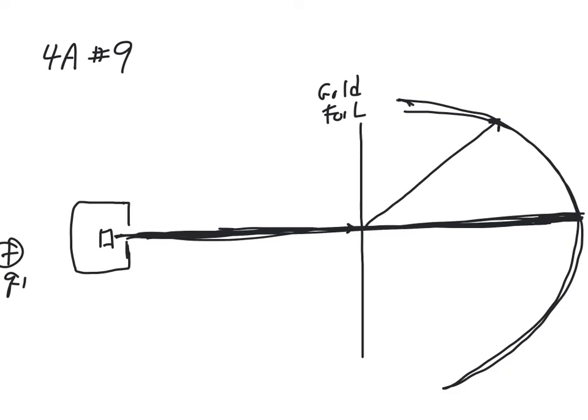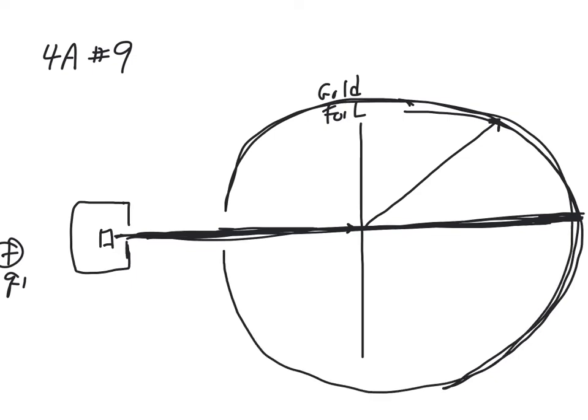And so they extended the detecting screen all the way around and found that on even rarer occasions a particle would strike the gold foil and bounce back. So 99.9% go through, some very small fraction deflect a little bit, or occasionally they come right back at the detector.